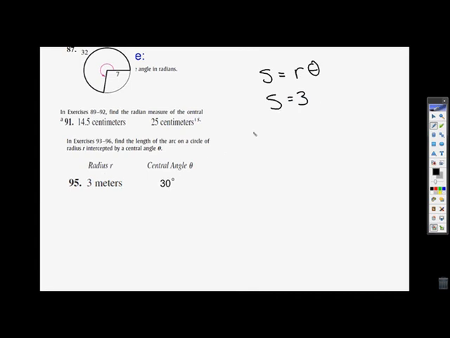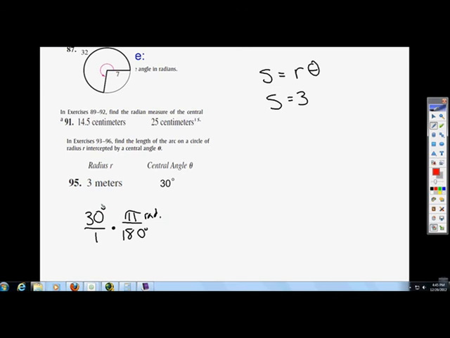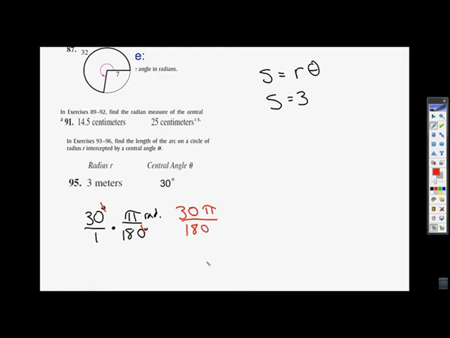Theta we have in degrees, but remember we do not want to put a degree measured angle in this formula. So we want to take 30 degrees and convert to radians. So we're going to multiply by our fraction with degrees in the bottom, radians in the numerator. Degrees cancel. We multiply across and get 30 pi radians divided by 180.